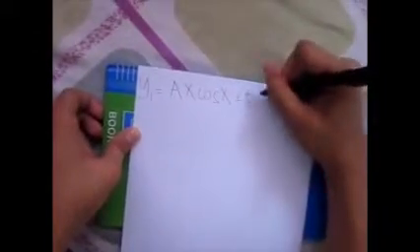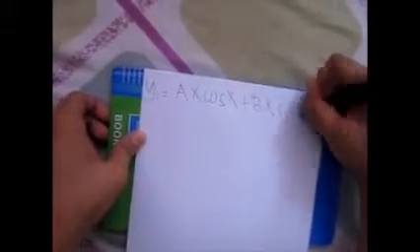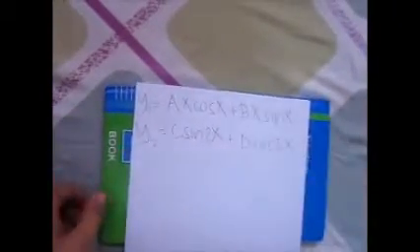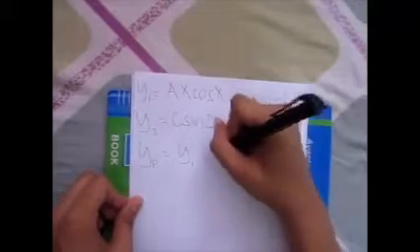So our y1 is equal to ax cosine x plus bx sine x, and y sub 2 is equal to c sine 2x plus d cosine 2x. Then our yp is equal to y sub 1 plus y sub 2.